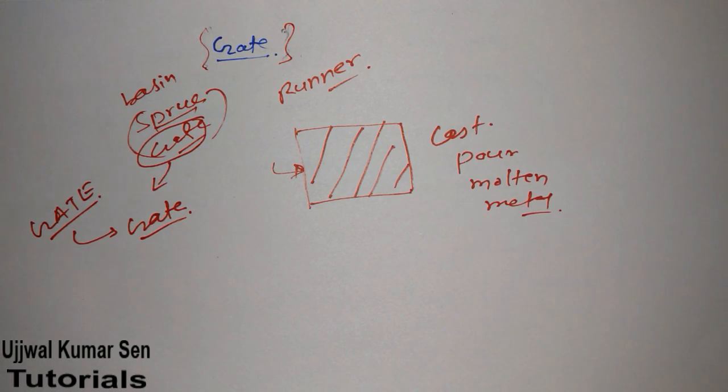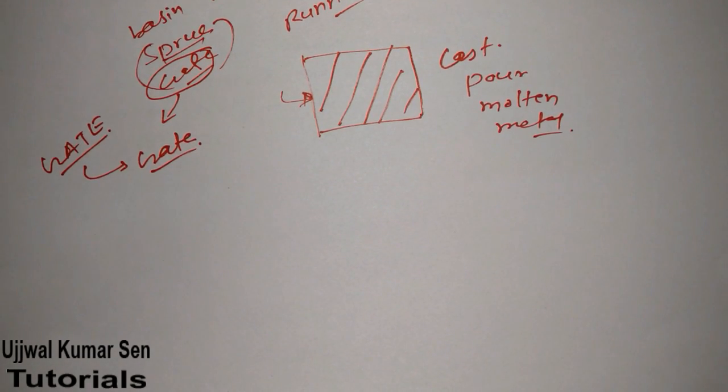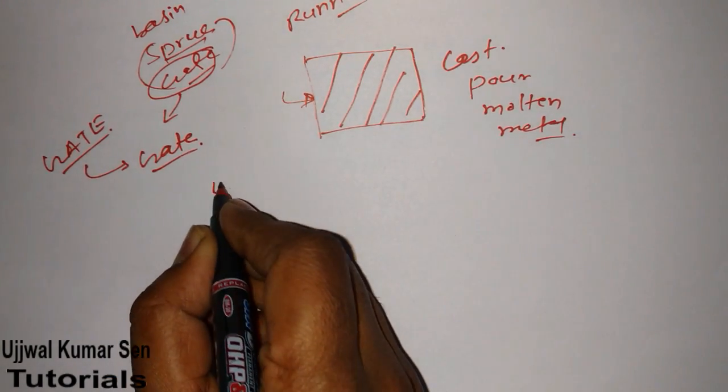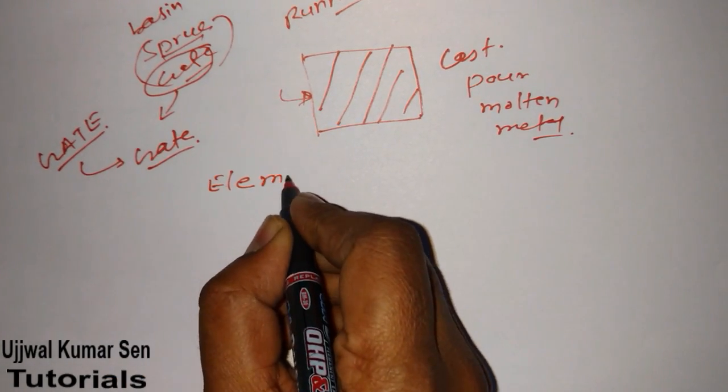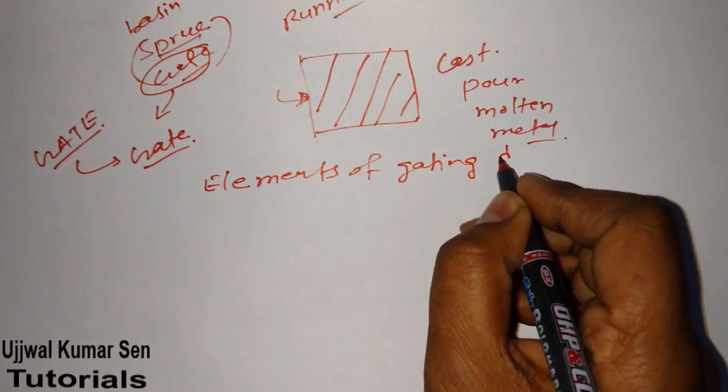So first of all, let's go for the most important topic, that is sprue. Basically we start from the sprue. For understanding sprue and all that, I will go for a diagram, that is, the elements of gating design.